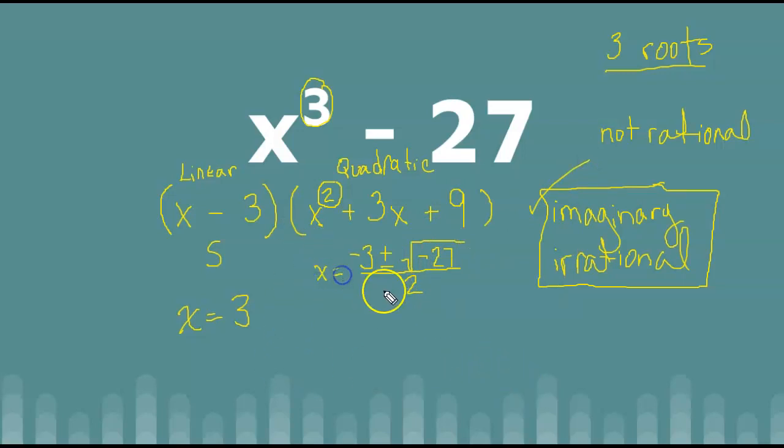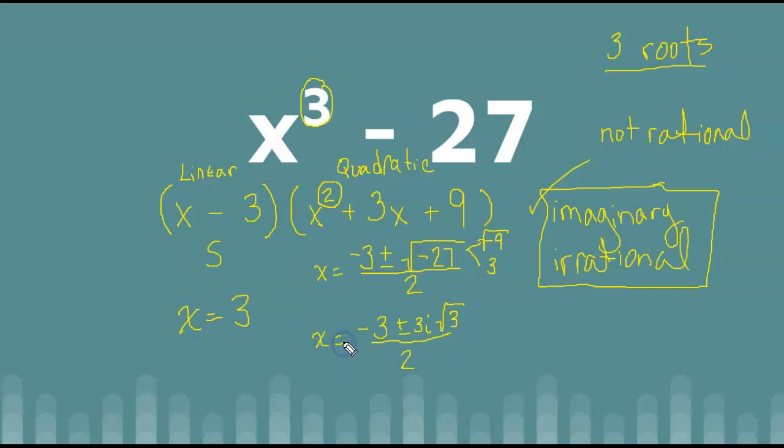So now I figure out that this will reduce, because that's -9 times 3, and I can take the square root of -9. So I get -3 plus or minus, the square root of -9 was 3i, and then the square root of 3 just gets left underneath, and then it's all over 2.